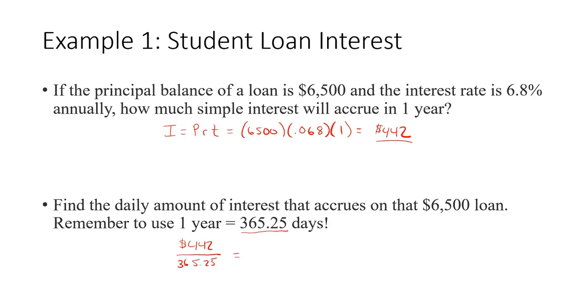And we find the amount of interest per day, $1.21 per day. There's a reason that we want to use the value for each day as opposed to for the whole year, which we'll see in the next example.